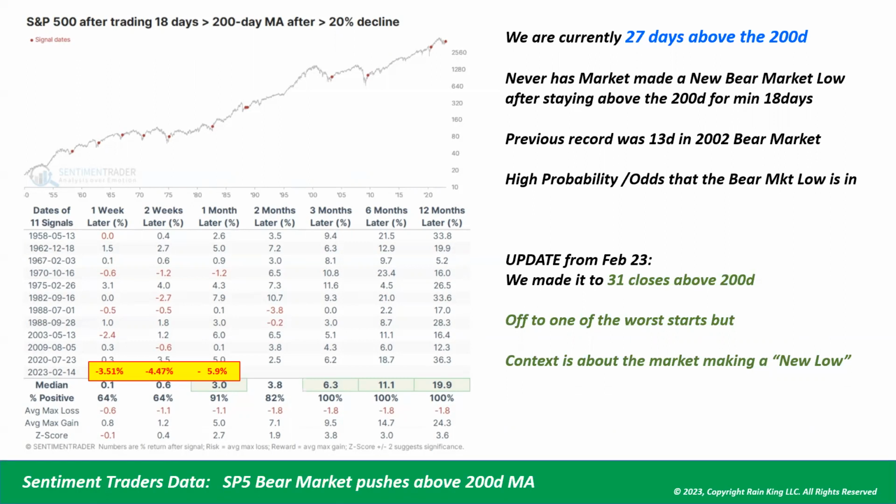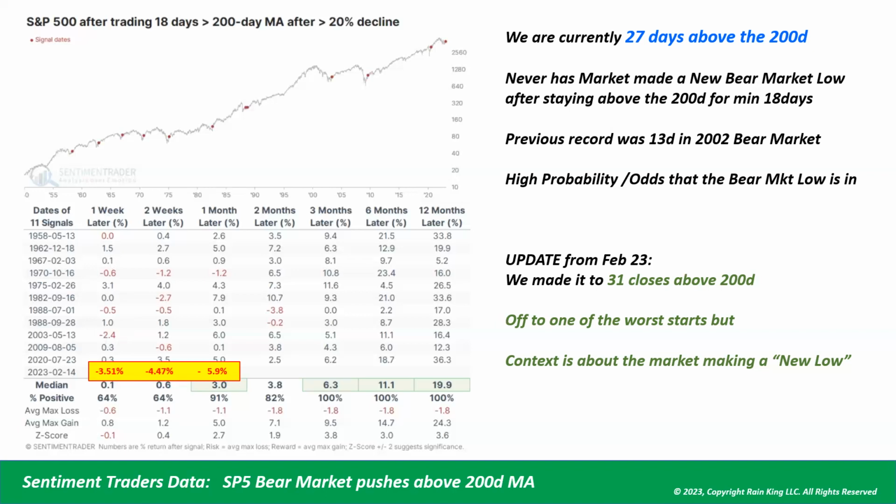I went back to it and looked at where we were now. We actually achieved 31 closes above the 200-day moving average before we broke it and closed below it. So I looked at some of the forward-looking gains. 1 week later, 2 weeks later, and 1 month later, we have these readings now. And when you look at them compared to the historical signals, we're kind of off to our worst start ever.